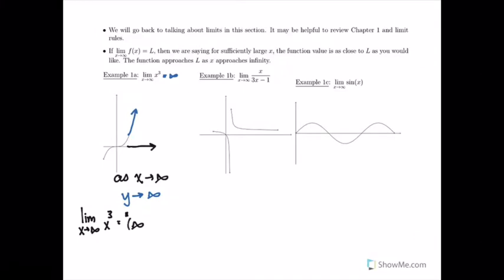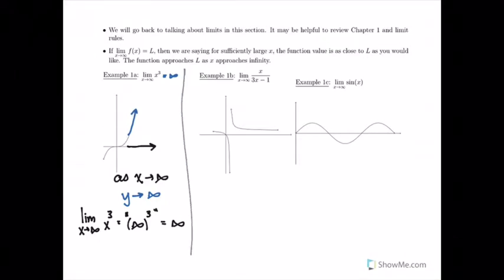But we can think about this as "infinity" cubed, and if you cube a really, really big number, you get a really, really big number out. So even though we're not really allowed to plug in infinity, we can think about plugging in infinity to understand what's going to happen. So that's the first example, example 1a.